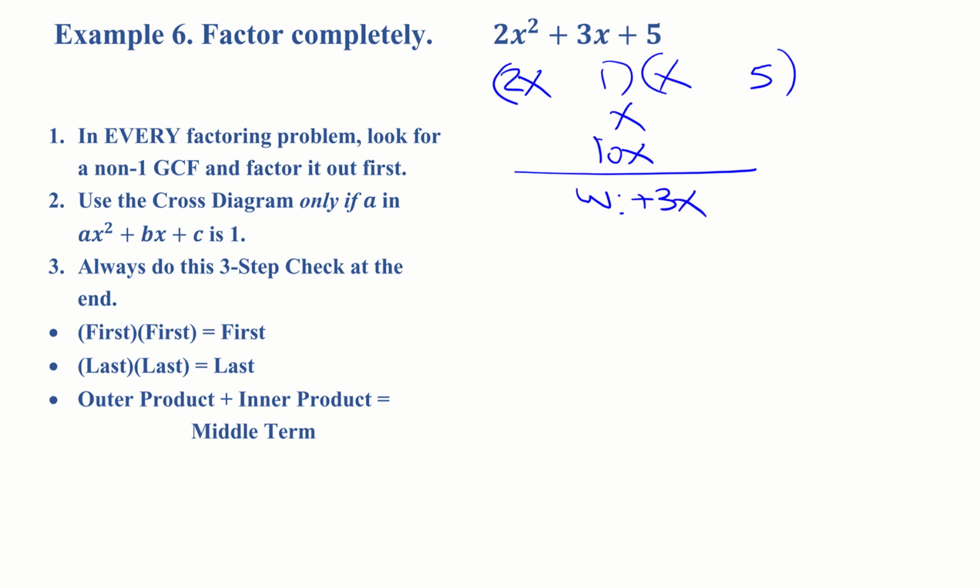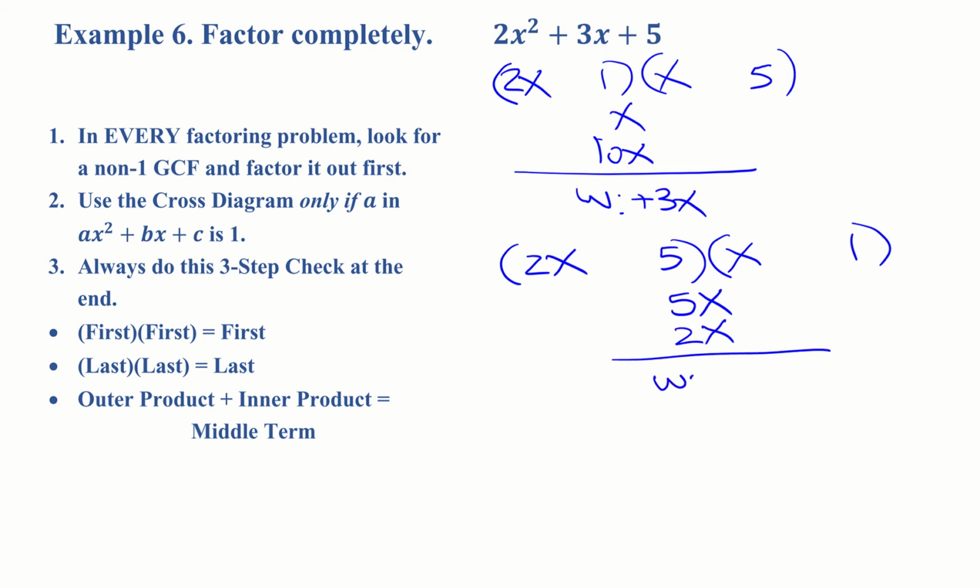So maybe we should try 5 here and 1 here, right? So here you'll get 5x in the middle, and for the inner product, and 2x for the outer product.